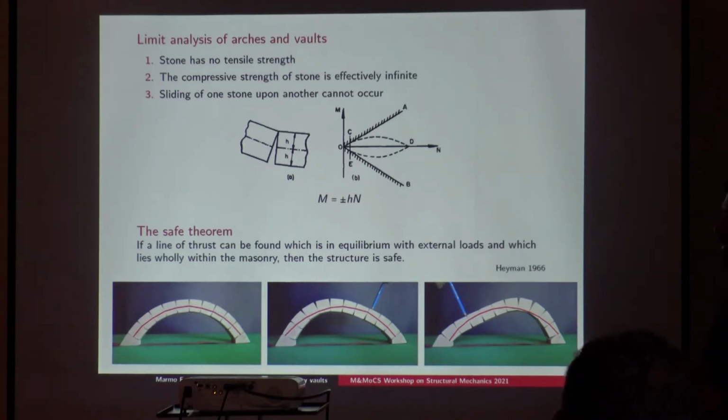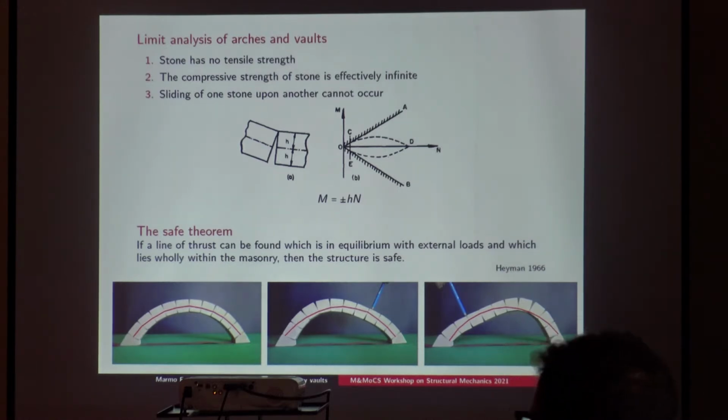And so we can extend the limit analysis that is usually used for plasticity models also to the statics of this kind of structure.